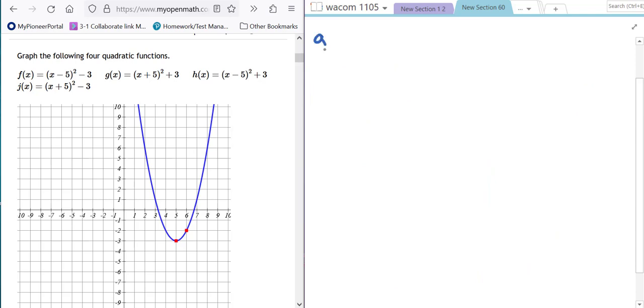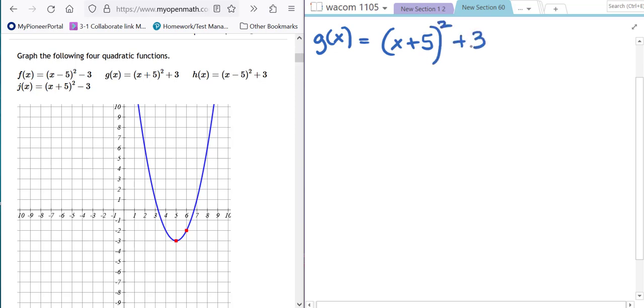So g of x will be x plus 5 squared plus 3. All right, so my vertex here, remember your form is x minus h squared plus k, right?